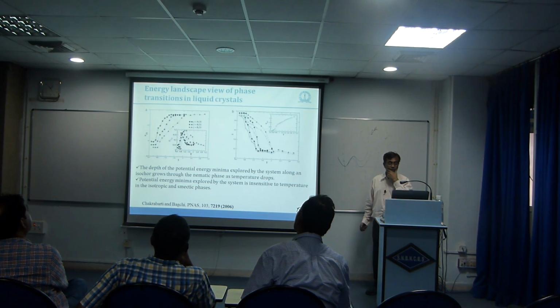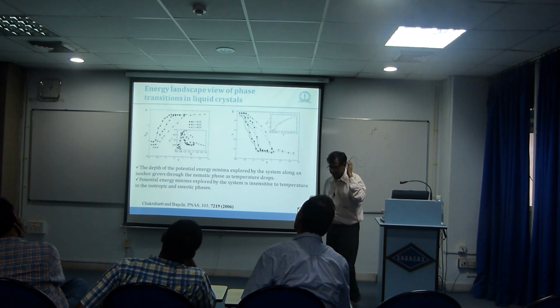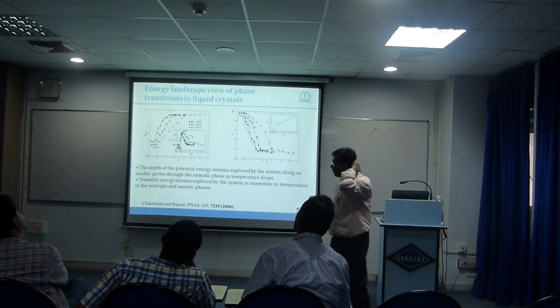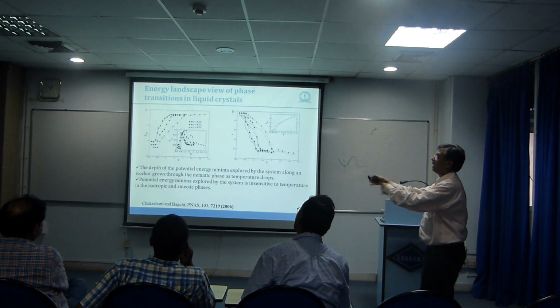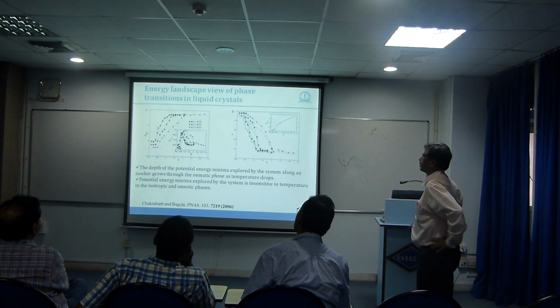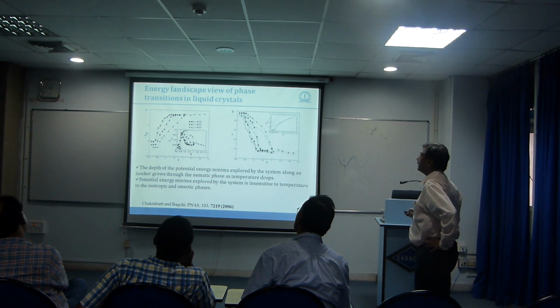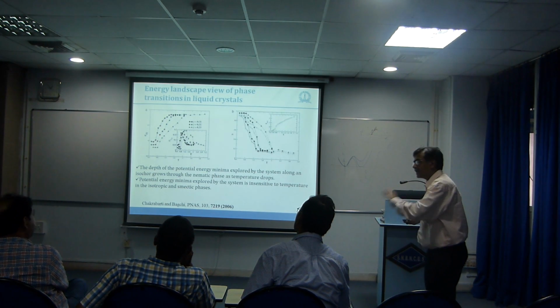Okay, I was talking of the phase transition in liquid crystals. That's where all this work started. In liquid crystals, we found a wonderful thing. When you remove all the vibrational, translational, heat effects, you get a configuration part. You find that the isotropic phase, nematic phase is never the ground state.